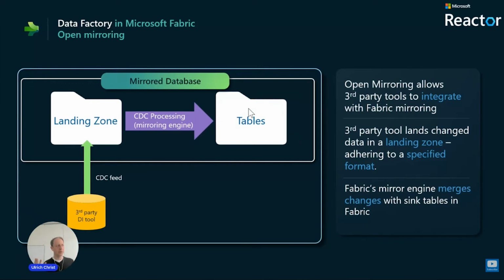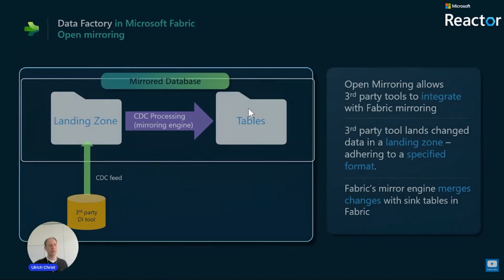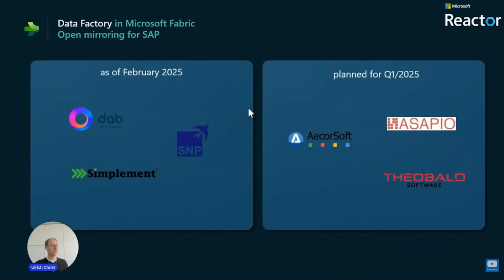So that's the story around open mirroring, and that's also how I talked about Oracle. That's also how we do it for the SAP space. All the partners which I mentioned earlier, DAB, S&P, Simplement, Acasoft, Asapio, Theobald, they're all working on that kind of integration with open mirroring.